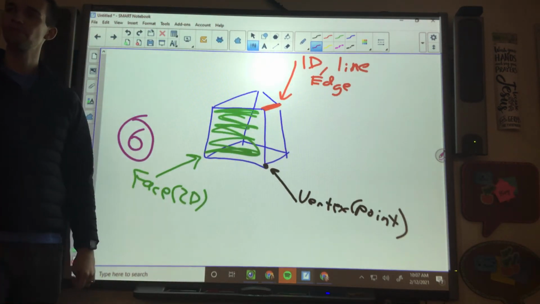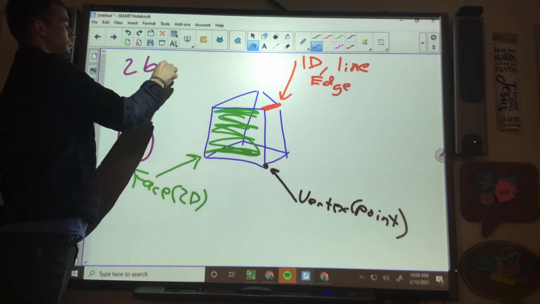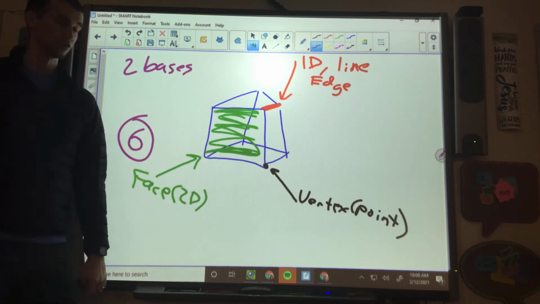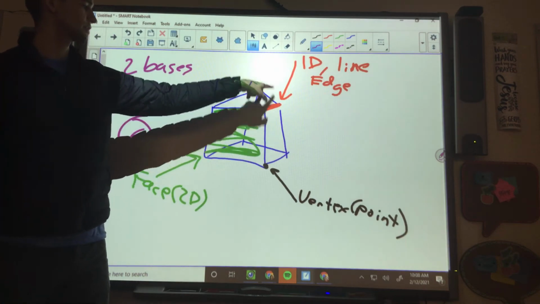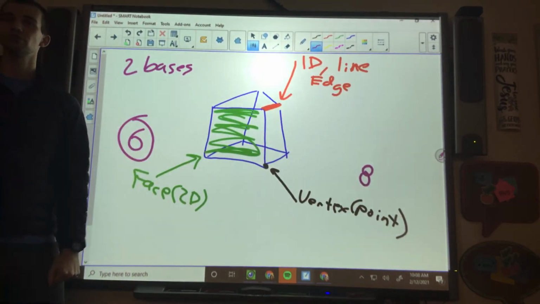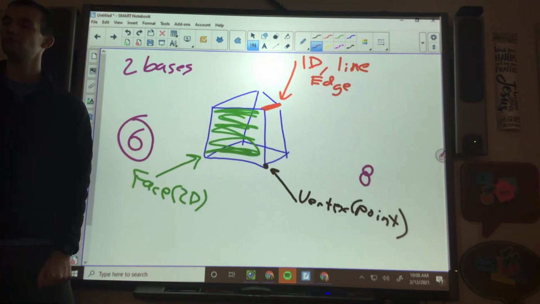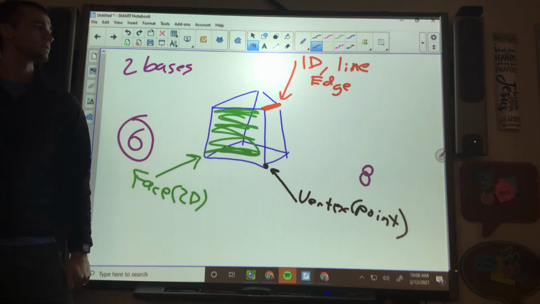Yes? I was gonna say bases has 1, 2. Yeah. 2 bases. It has 8 vertices. 1, 2, 3, 4, 5, 6, 7, 8. Yes. 8 vertices. And how many edges? 8? Did you just say 8?